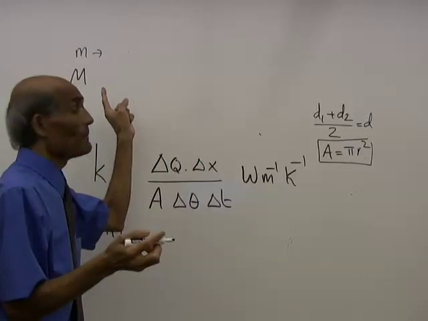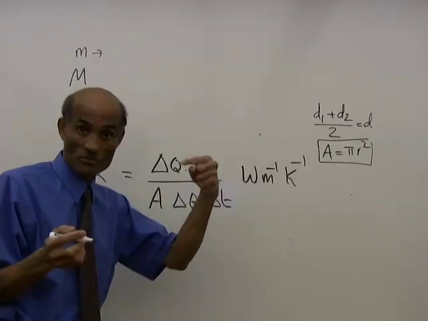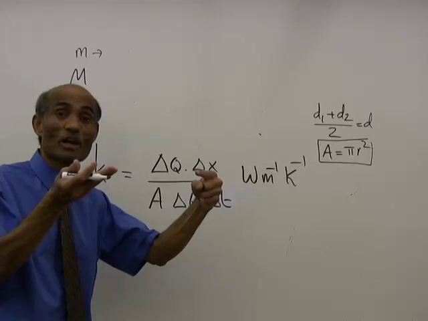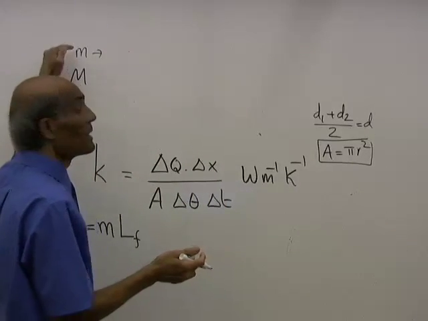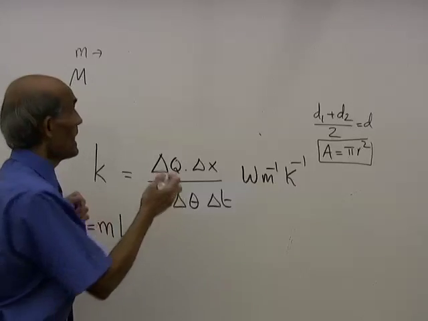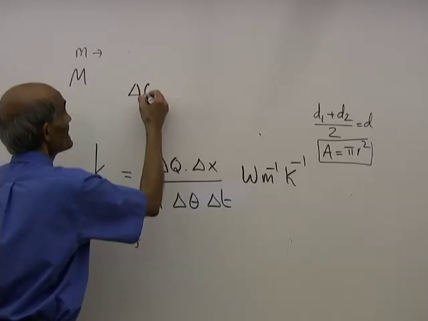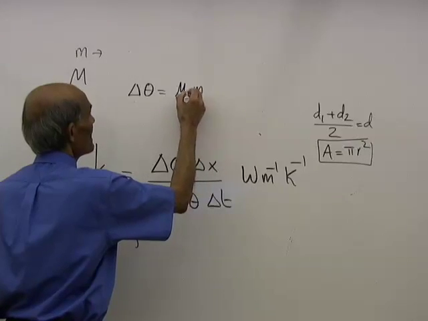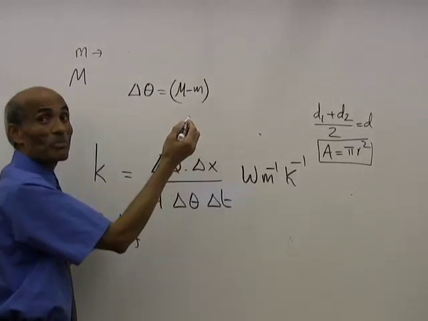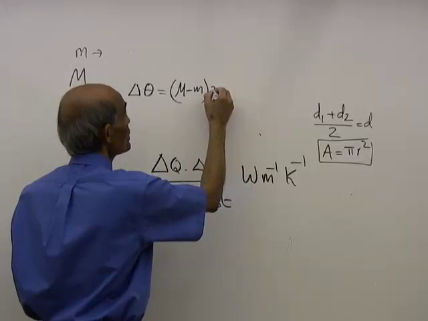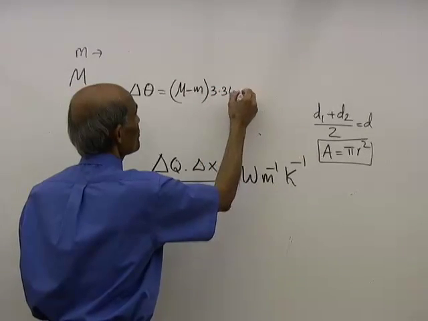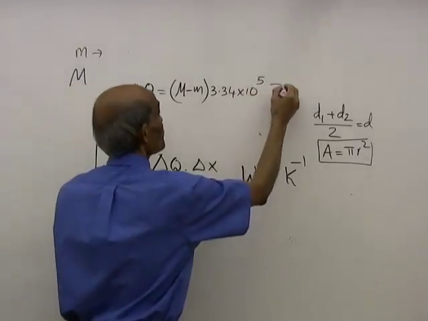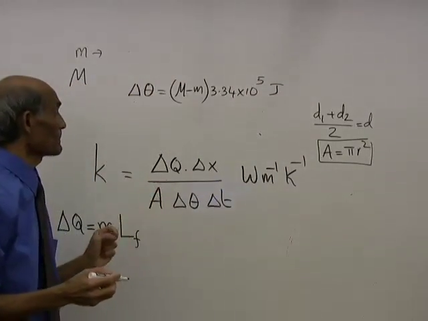And therefore mass of ice melted due to the heat conducted through the material alone is M minus m. And the quantity of heat delta Q will be M minus m multiplied by latent heat of fusion, which is 3.34 times 10 to the power of 5. And this is delta Q.